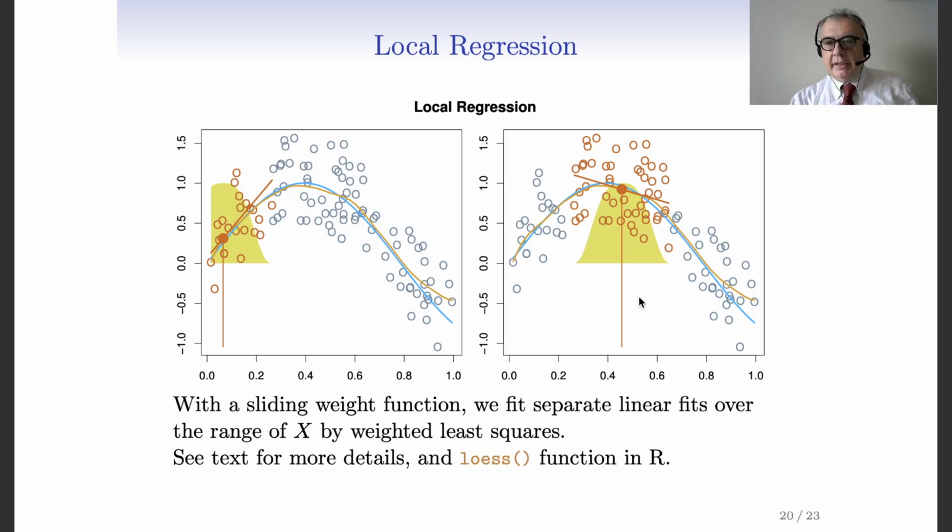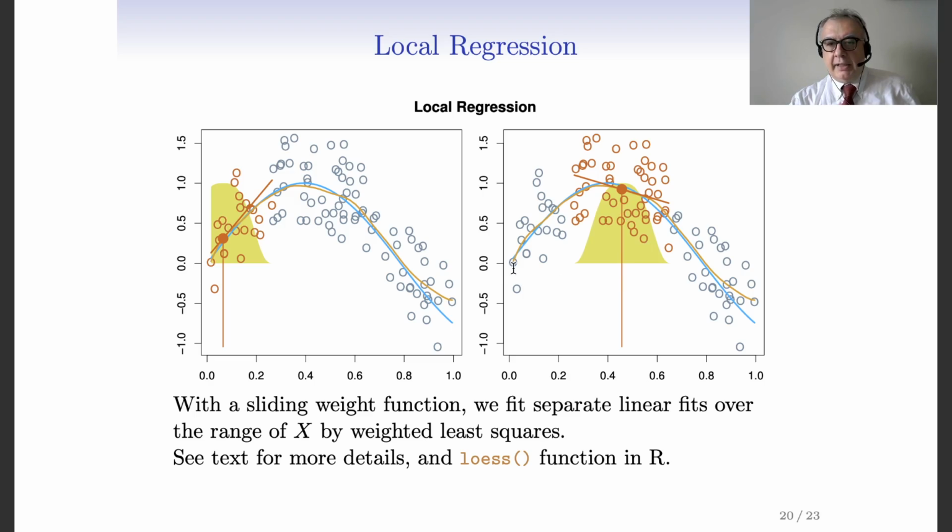And the idea is that linear regression is going to perform well locally. So if your regression function is quite regular, then you should get a good result in a neighborhood of some point by performing a linear regression on the data that are in that region.